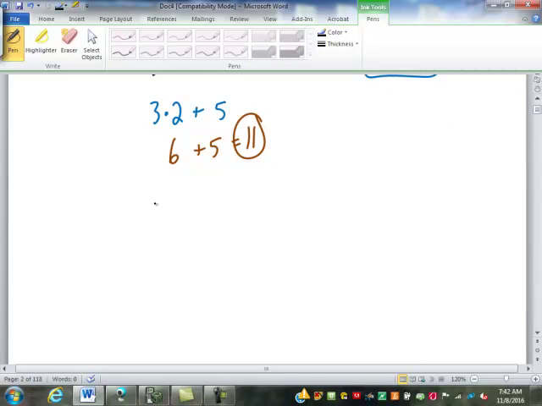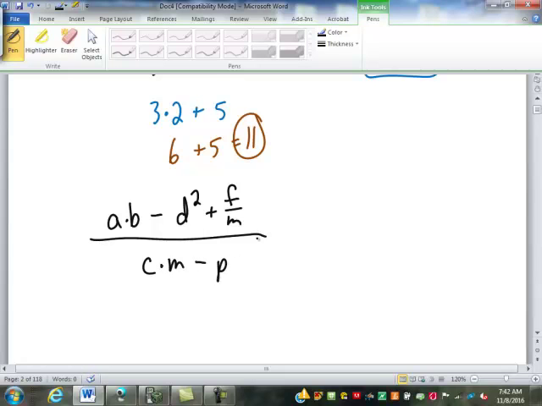Or it could be as complex as something like this.